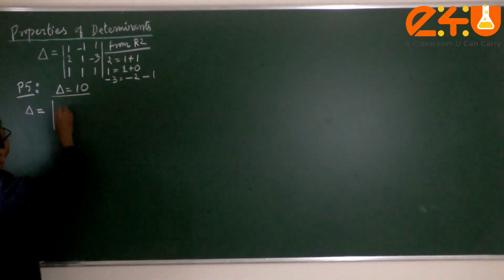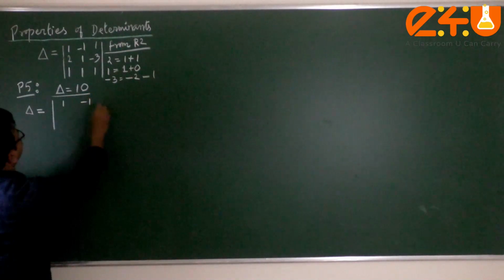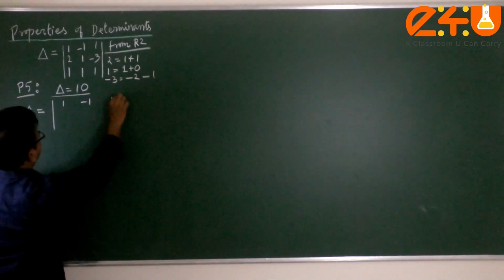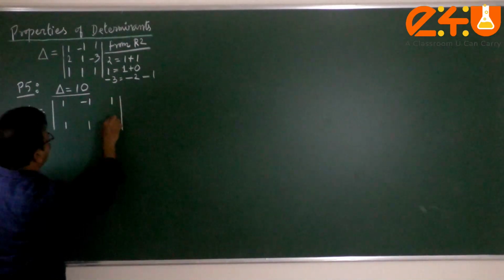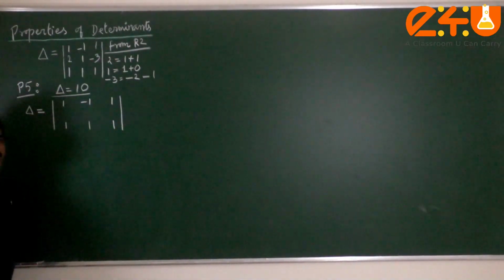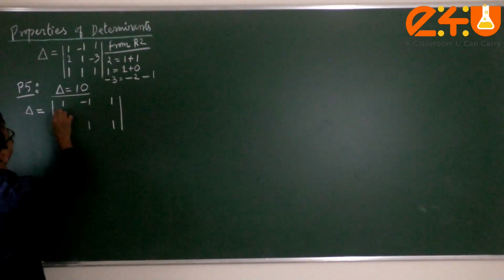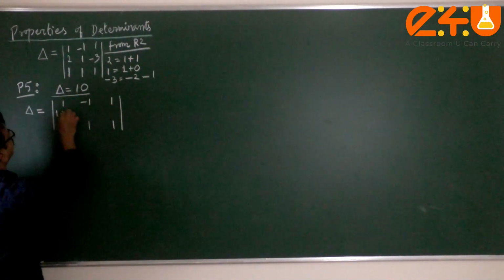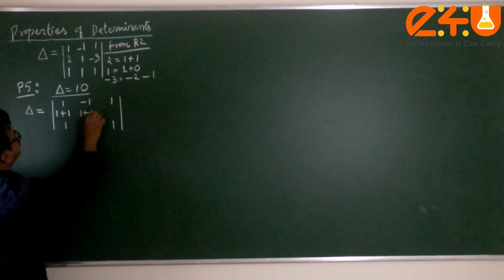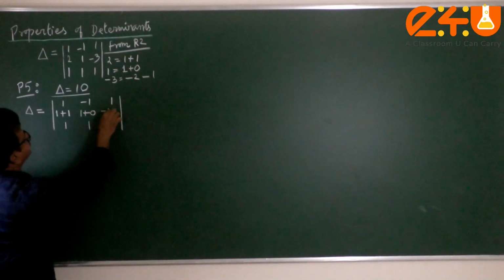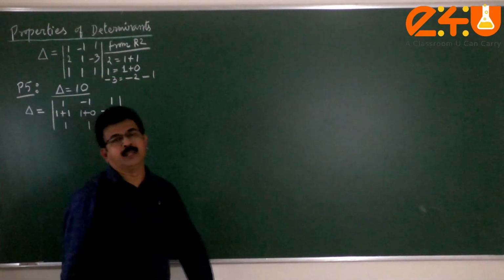Row 1 is 1, minus 1, 1, no change. Third row also no change. Second row, as you can see, 2, let me write 1 plus 1, 1 let me expand as 1 plus 0, minus 3 expanded as minus 2 and minus 1.